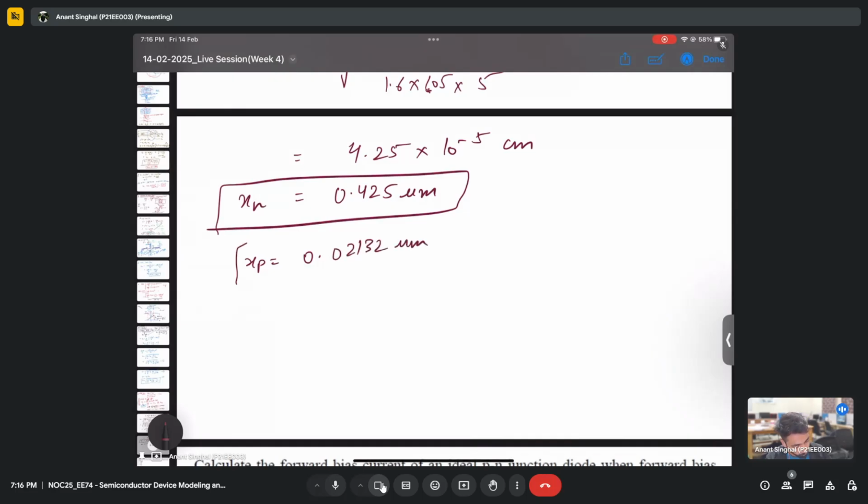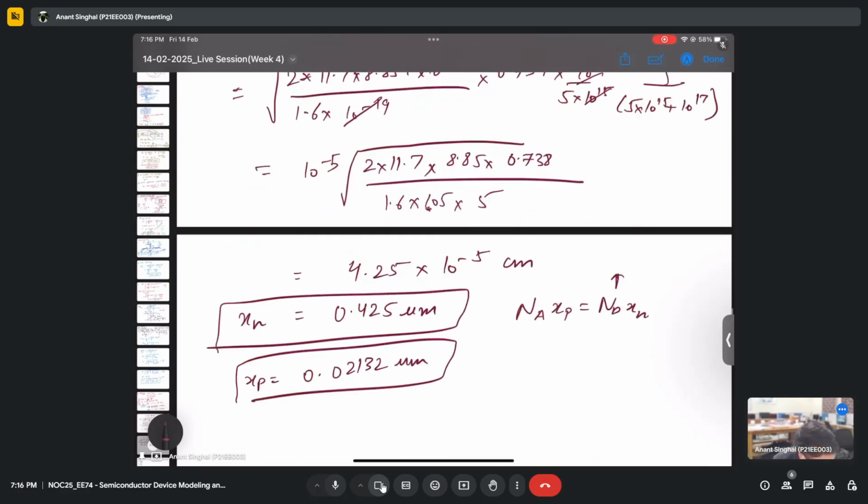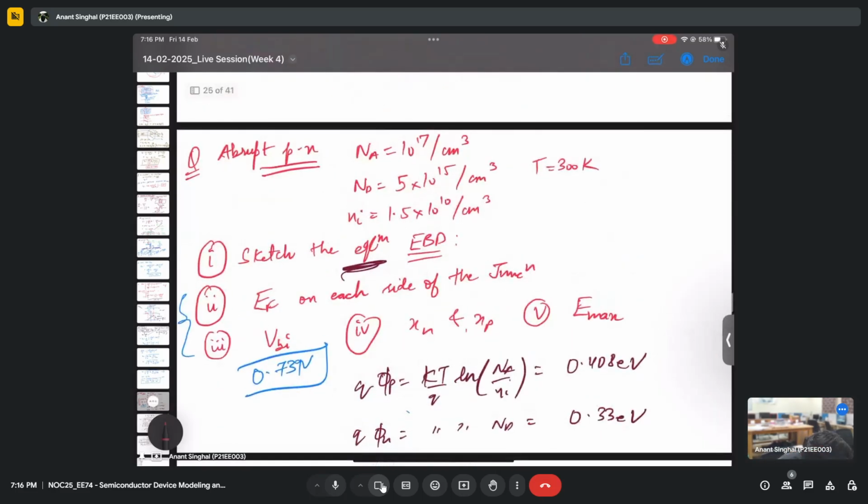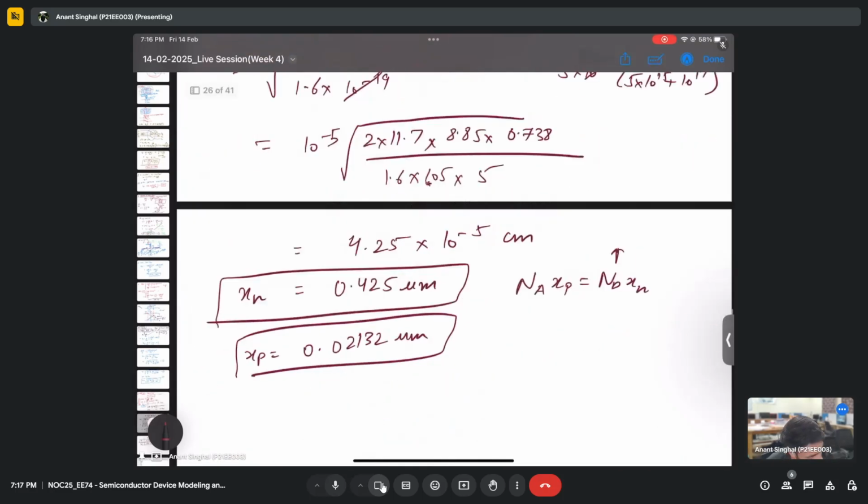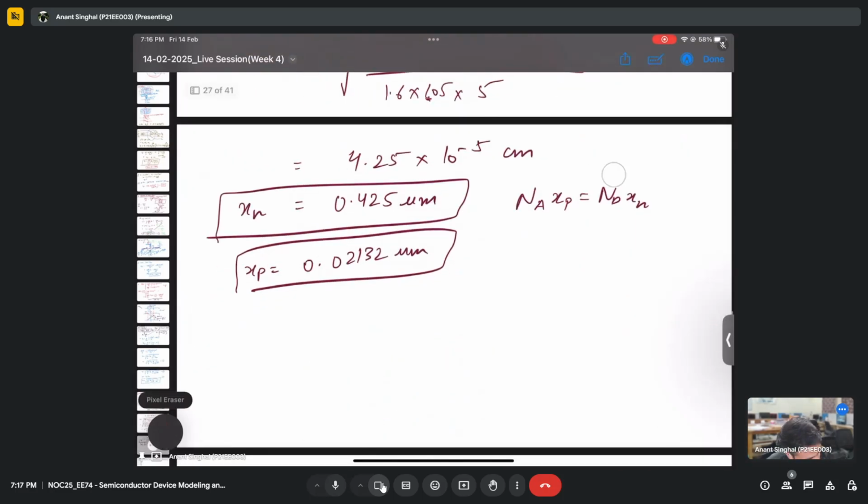So now what you see here is what we establish is NaXP is NdXn. So you see in this question, this Nd is lower. And Na is higher. And these two should be equal. So XP will be higher or Xn?